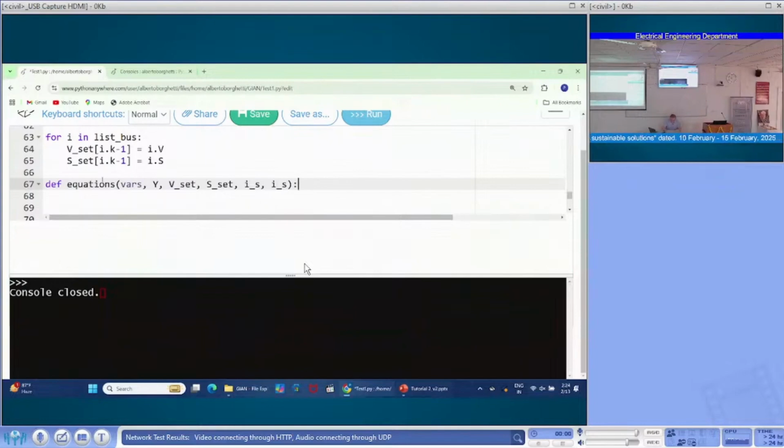So we start, and if you press enter, you see that we are not in the first column. We are a little bit indented because Python has no end instruction or parentheses. It just uses the indent in order to identify what instructions are included in our function and what instructions are outside.